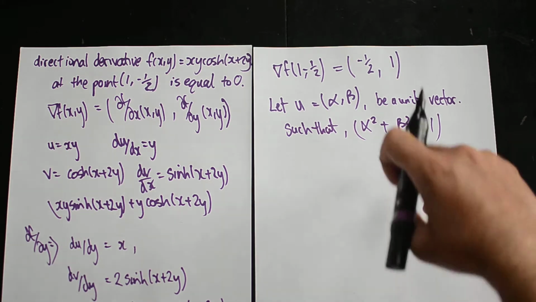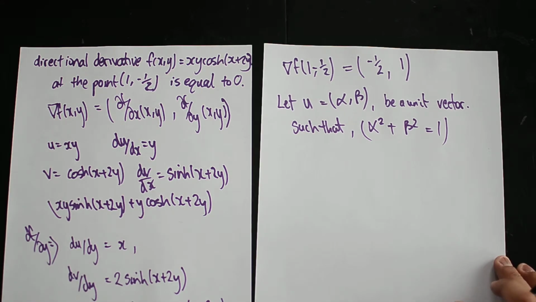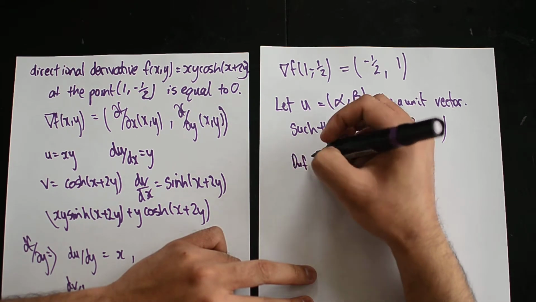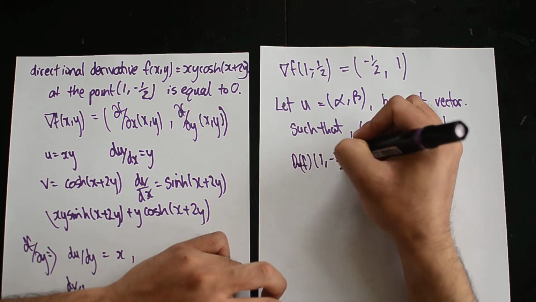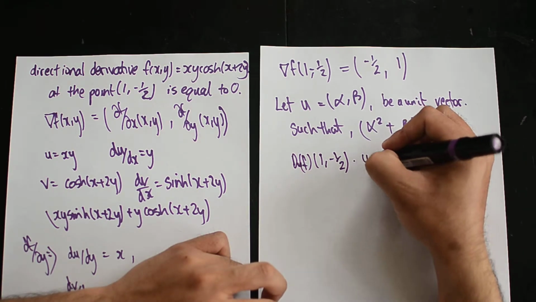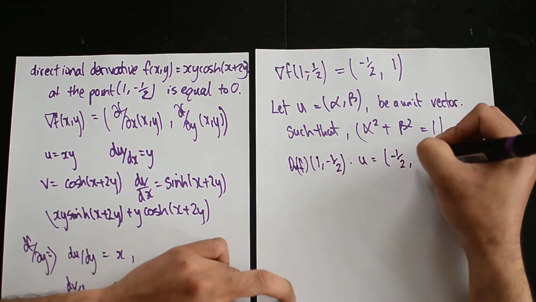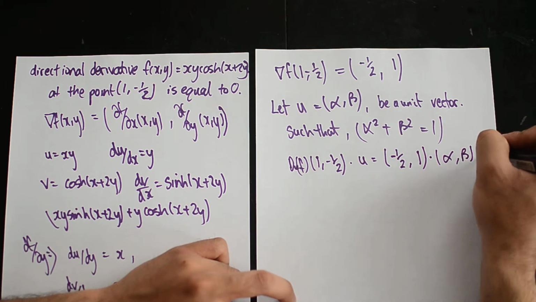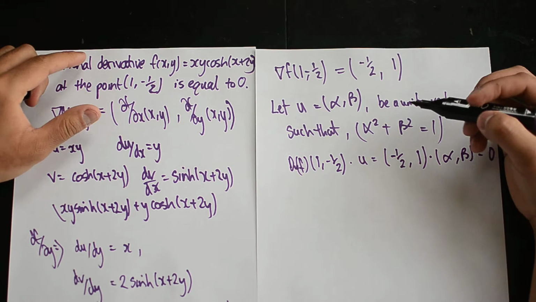We're going to get a simultaneous equation. We're going to plug it into here, manipulate it around, and get a value for beta and a value for alpha. Also the gradient of f at (1, -1/2) multiplied by u, the unit vector, will equal (-1/2, 1) multiplied by (alpha, beta), which equals 0.